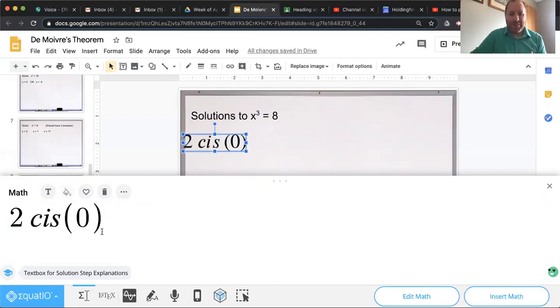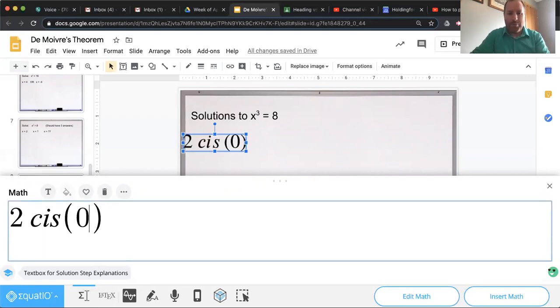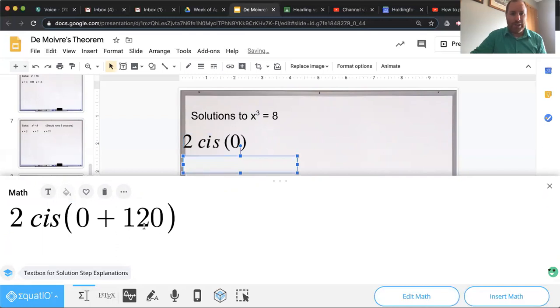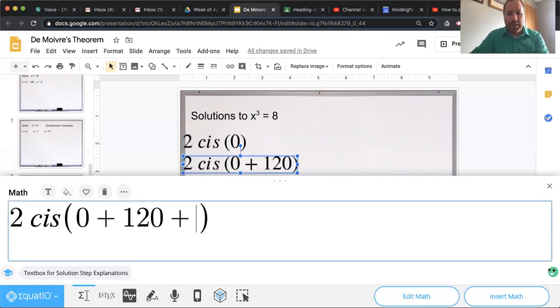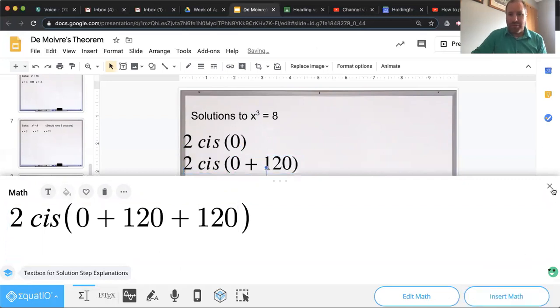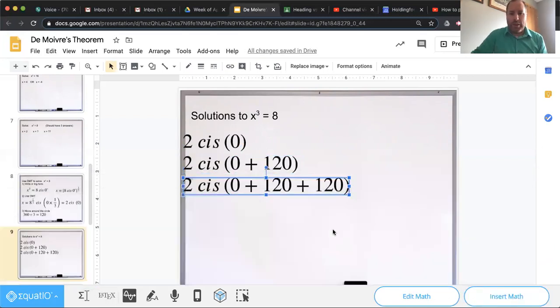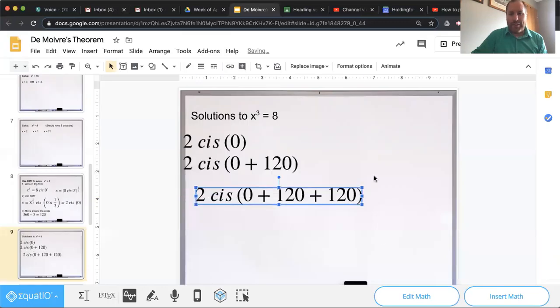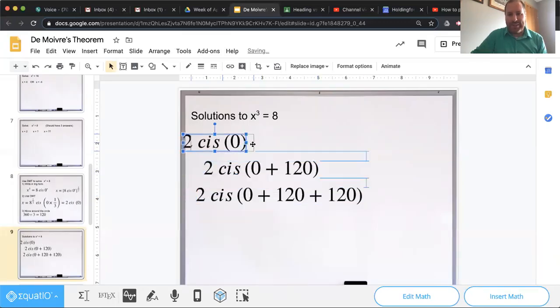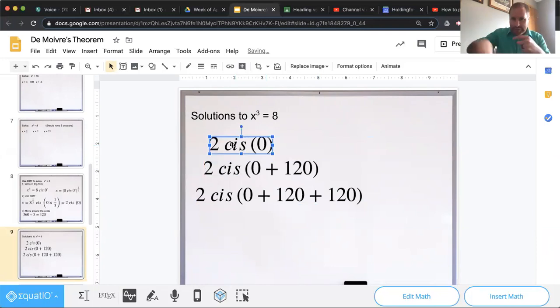And then our next possibility would be 0 plus 120, right? That's our next possibility. And then the next possibility would be plus 120 again, or plus 240, right? So those are 3 things, because if we add 120 again, that's going to get us right back to 0, because that will have completed a full circle.